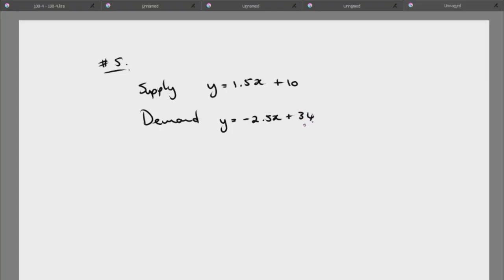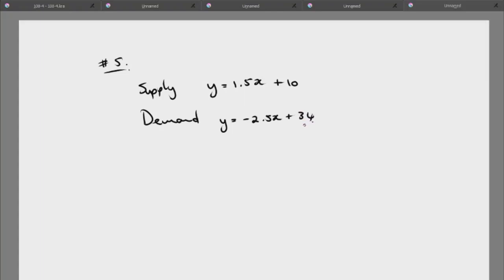So I have supply, y equals 1.5x plus 10. Demand, negative 2.5x plus 34. All right.